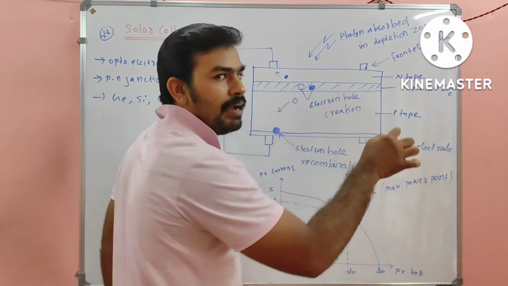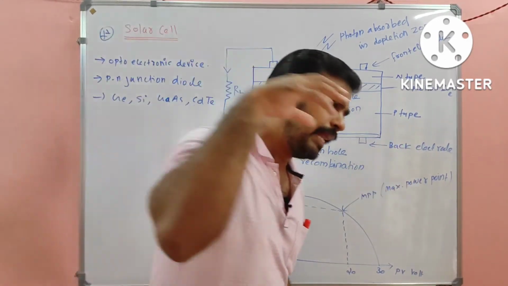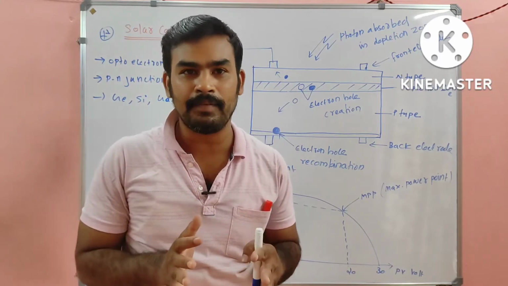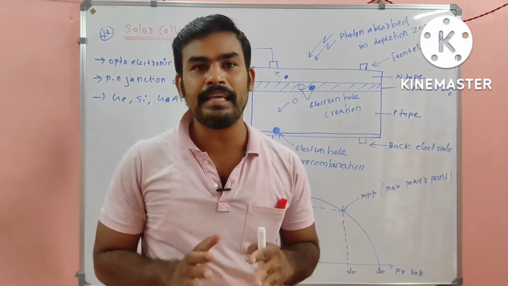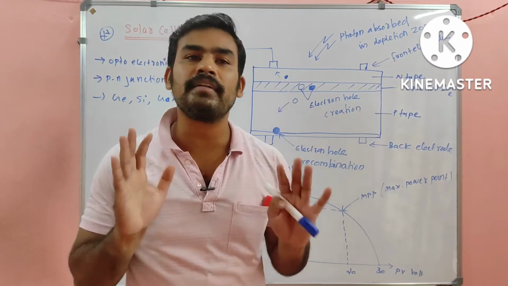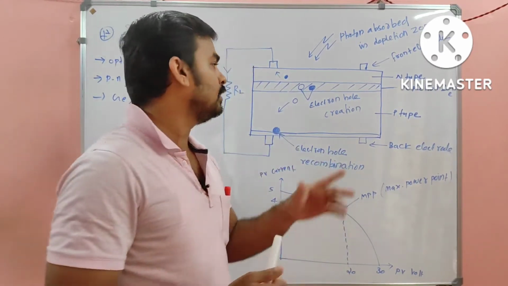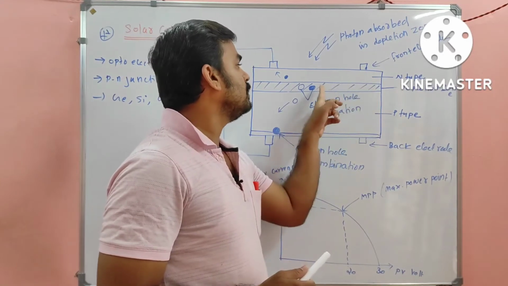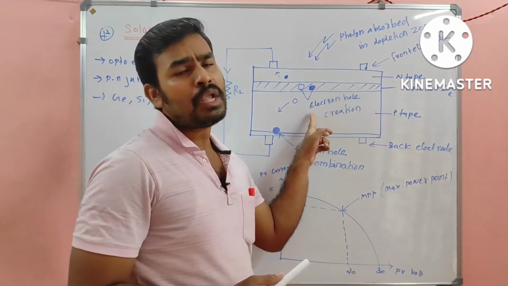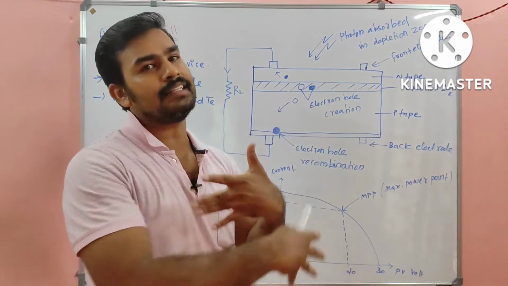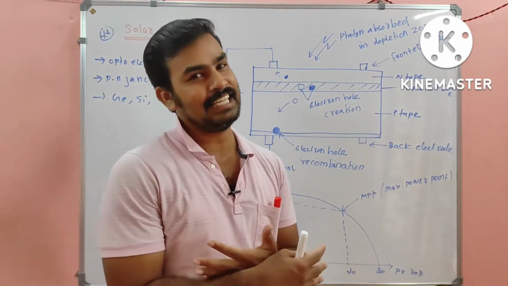Only by breaking the barrier. But when light strikes on the depletion region, the barrier is not breaking, only electrons and holes are generated. Only if the barrier breaks can the electrons combine with holes from the P region. That is how barrier breakage and conduction inside the cell happen.